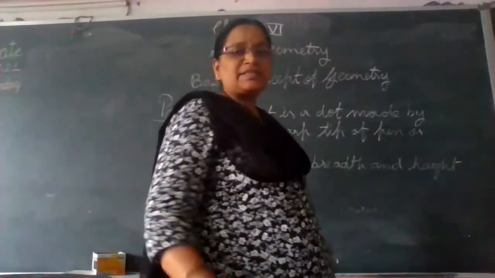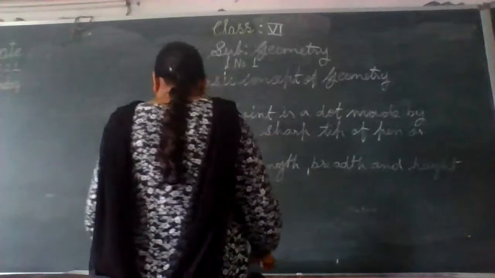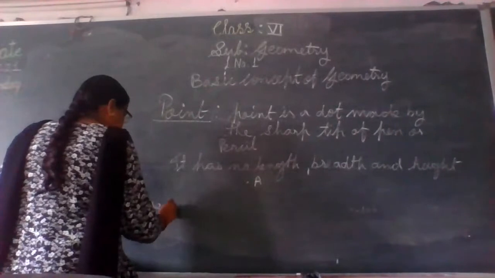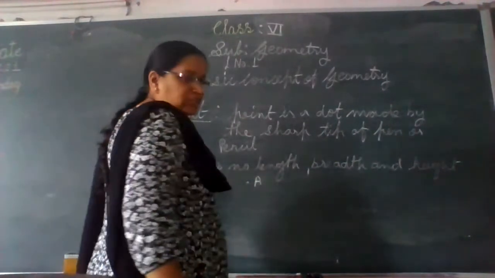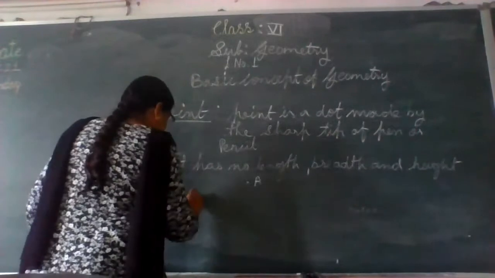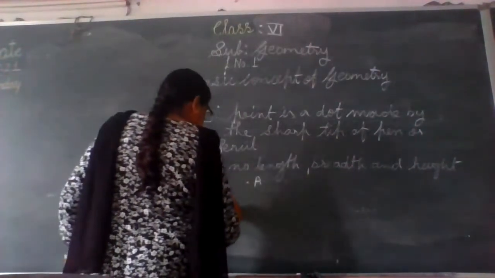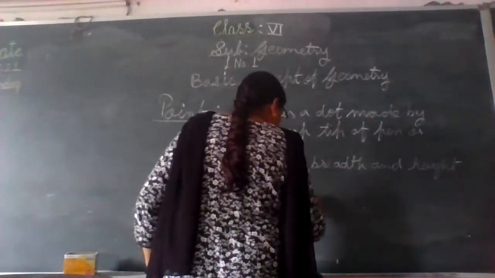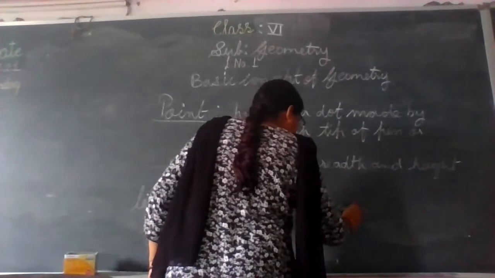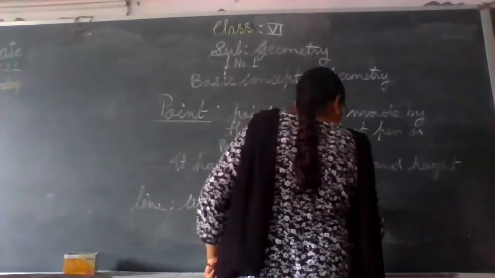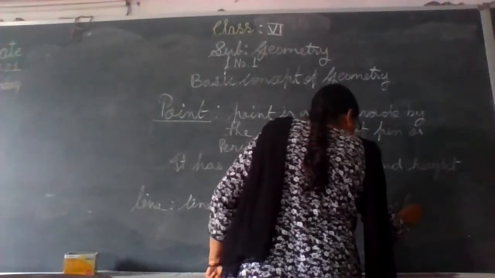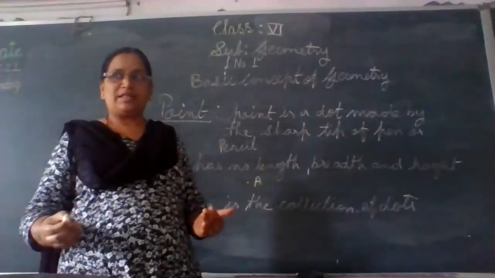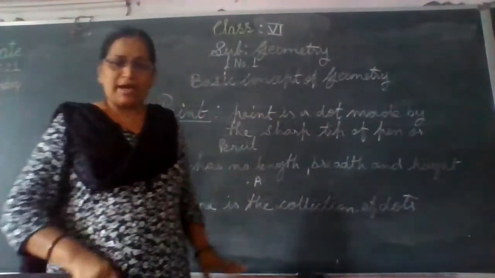The next is line. And we can say line is a straight line. So line is a collection of dots. It has only length, no breadth and no height.